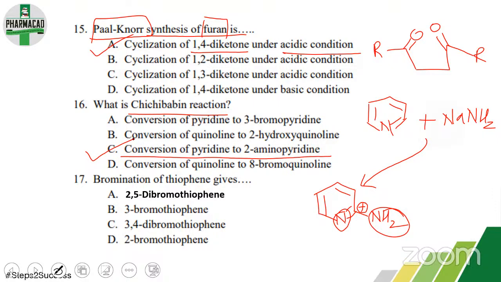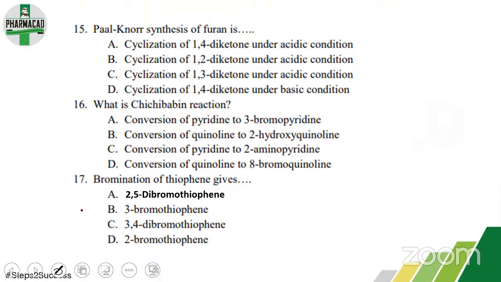Okay, next question is bromination of thiophene gives. So thiophene is 5-membered with 1 sulfur. When we are doing the bromination, after bromination, we will get this dibromo substituted thiophene.